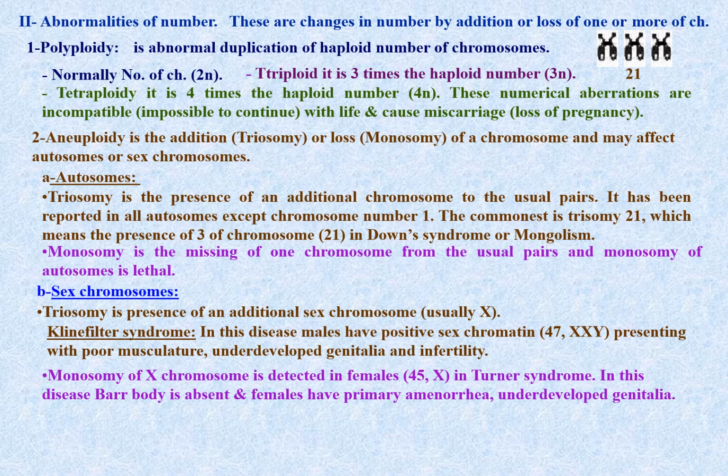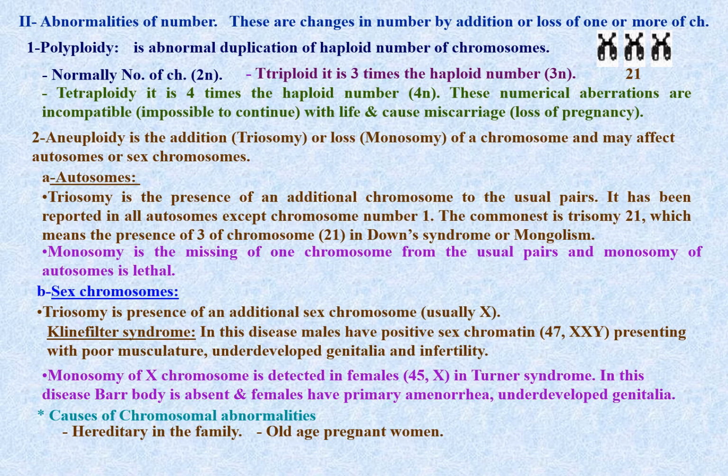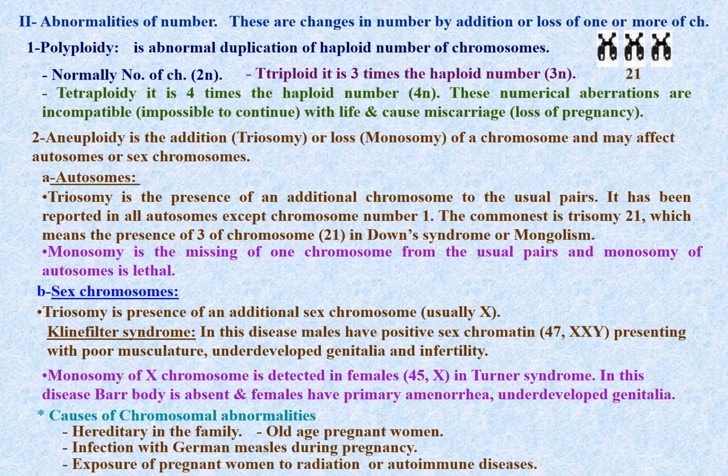The disease of females is characterized by primary amenorrhea, underdeveloped genitalia and secondary sex characters, infertility, together with renal and cardiac abnormalities. Causes of chromosomal abnormalities: hereditary in the family, old age of pregnant women, infection with German measles during pregnancy, exposure of pregnant women to radiation or autoimmune diseases.